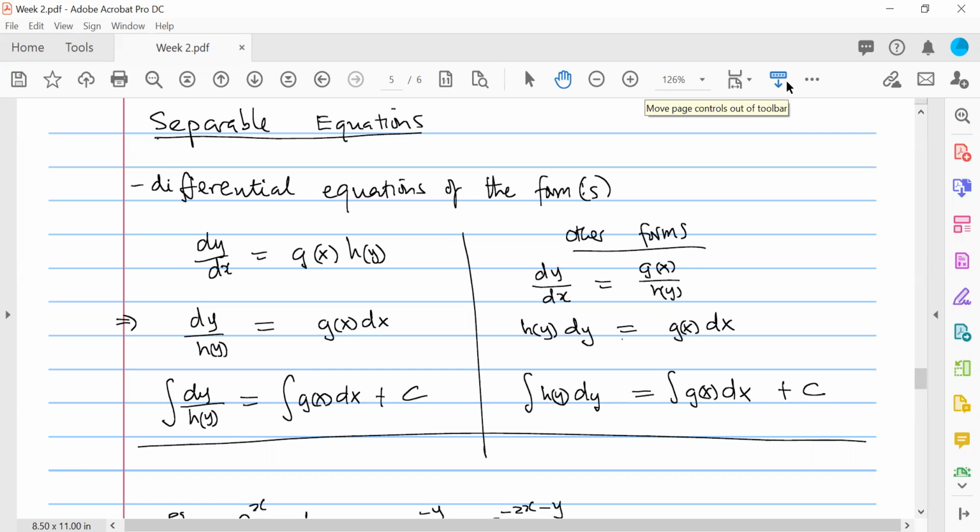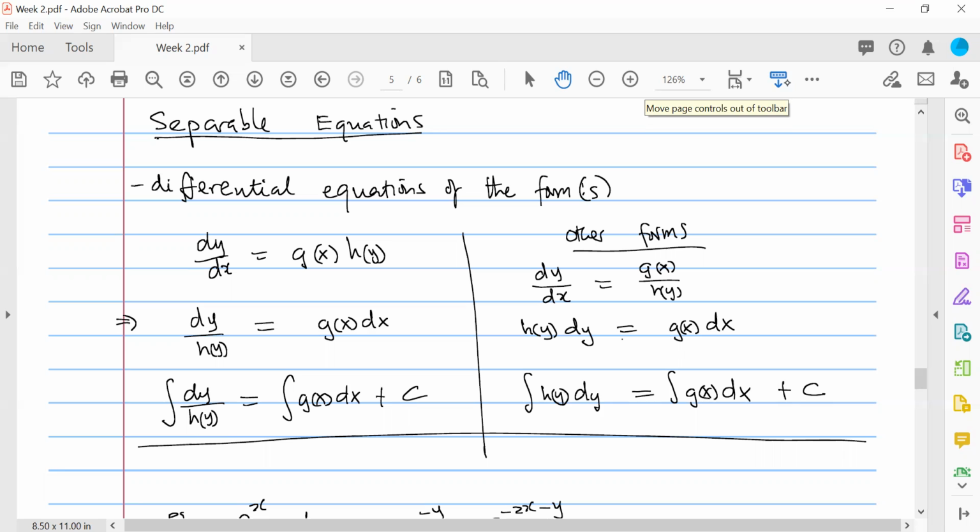Once we get the exact solutions, we definitely need to define the interval of definition. We also need to draw the solution curves for such solutions wherever possible. So now we're looking at the separable equations here.